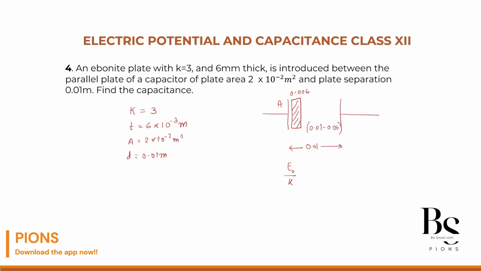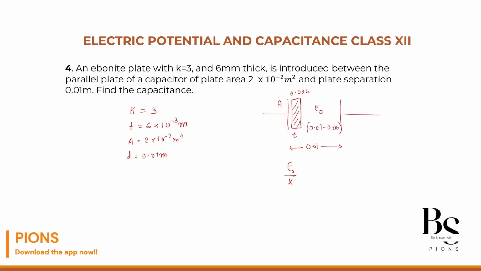Here, there is no dielectric, so the electric field will simply be E naught. The dielectric will polarize, and because it gets polarized, the electric field changes across the dielectric. We don't know the value of the electric field, so don't worry about that.